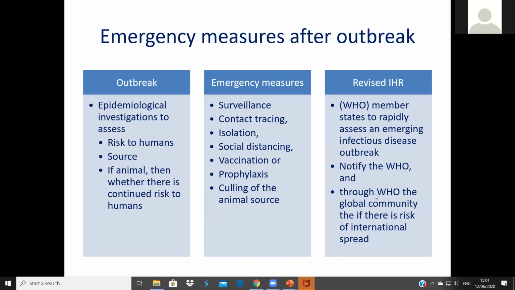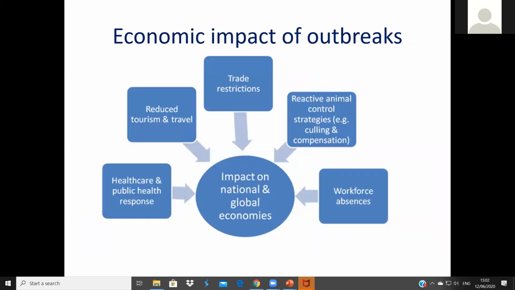We will also not talk about that. But then all member states have to notify WHO, and through WHO, the global community, if there is a risk for international spread. So since there was a risk for international spread, this should have been done earlier.